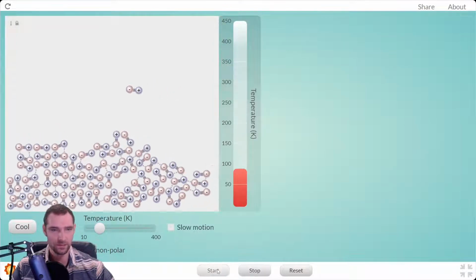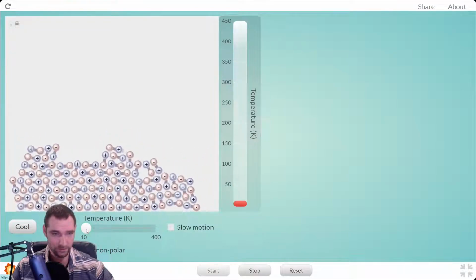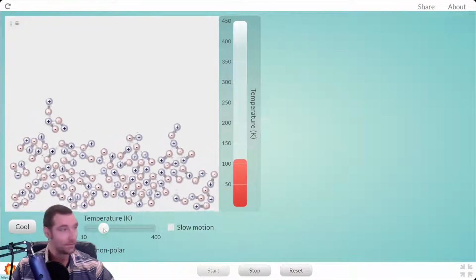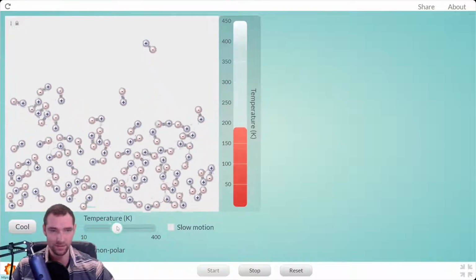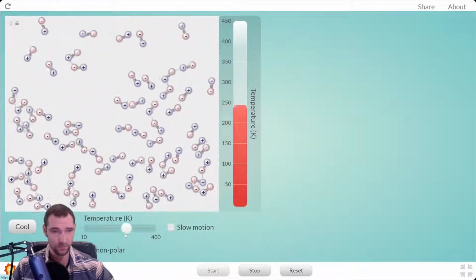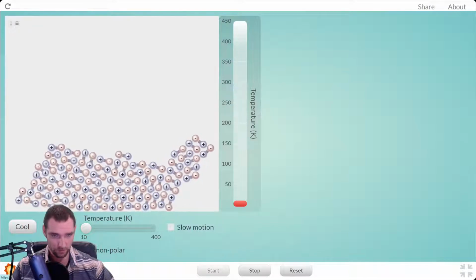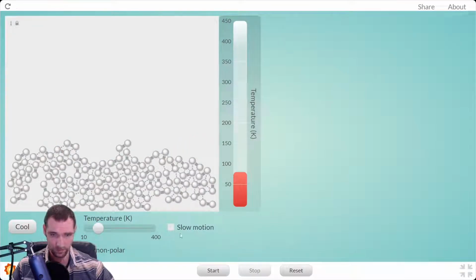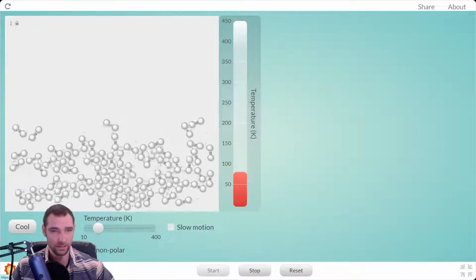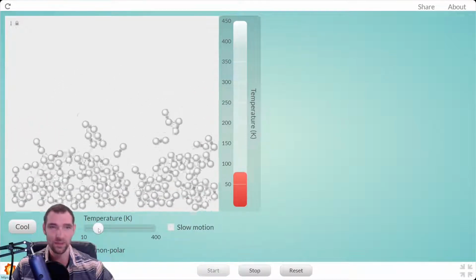So we can start the simulation at a certain temperature and observe the phases, right? We can add energy in slightly different amounts and make it change its phases. And we can also make this into a nonpolar chemical and observe the same thing. What's interesting here is that I've got almost no energy in here and it's moving a lot quicker.